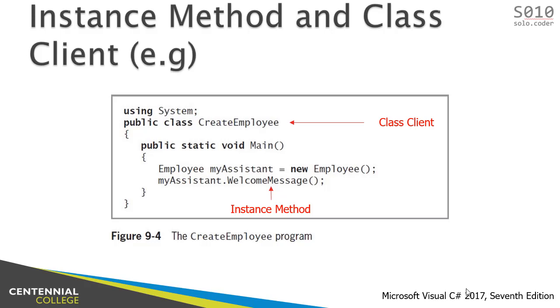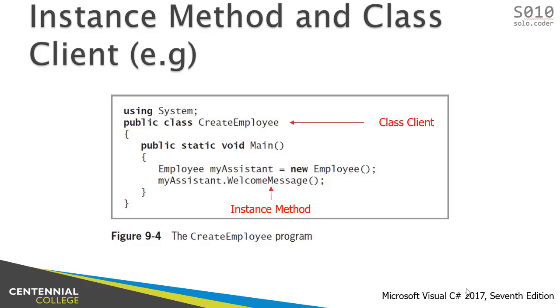What is a class client? And to be quite honest, this terminology, I don't see that very often. But again, you may come across it during exercises, so I might as well give you a brief explanation. A class client is a class that uses other classes. That's it. So we have the create employee class, which is an application class, and it uses the employee class.